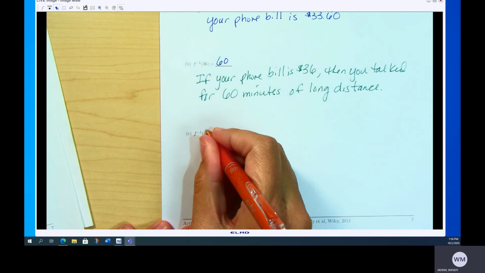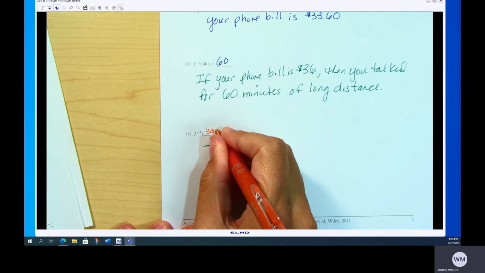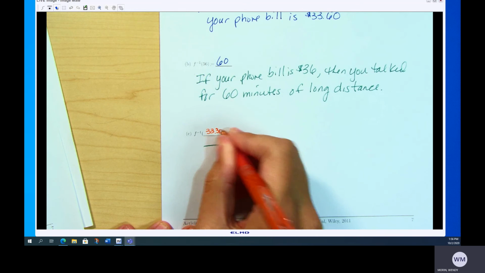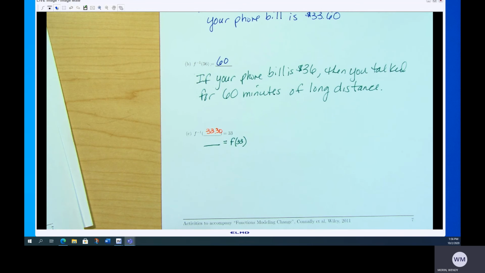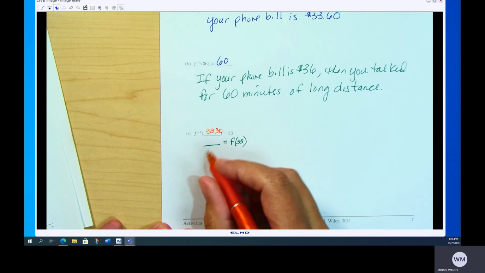And the answer is 33.30. So again, this is the given. So what is it saying?